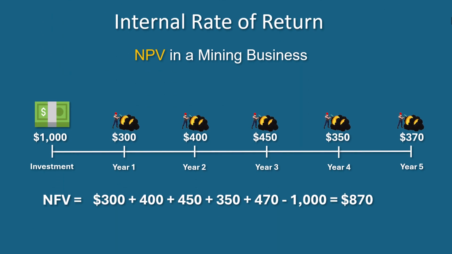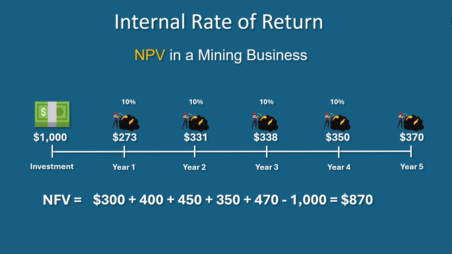As calculated, the simple future value profit was $870. But if we apply a 10% discount rate, which will be calculated by a financial manager, the net present value of the future cash flows becomes: first year, $300 discounted at 10% equals approximately $273. Second year, $400 discounted equals approximately $331. Third year, $450 equals approximately $338.